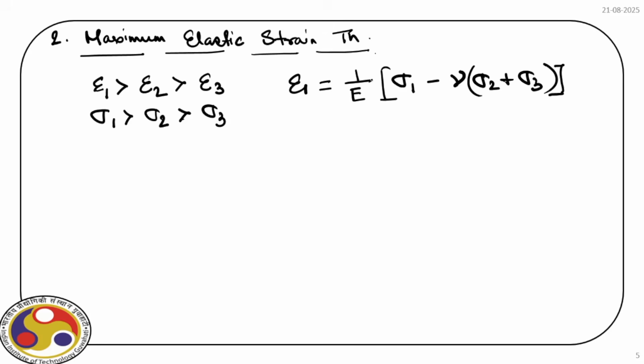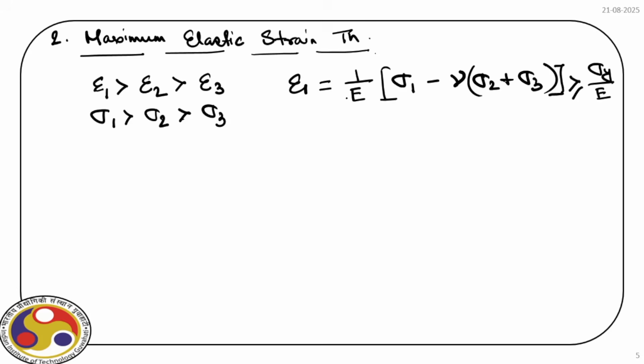Okay, now what is the allowable limit? Again, we can easily find out. For the uniaxial test, we put sigma 1 equal to sigma y and sigma 2, sigma 3 equal to 0, and immediately we will get sigma y by Young's modulus is the limit. So if the maximum elastic strain is more than this allowable limit, then obviously the material will fail.